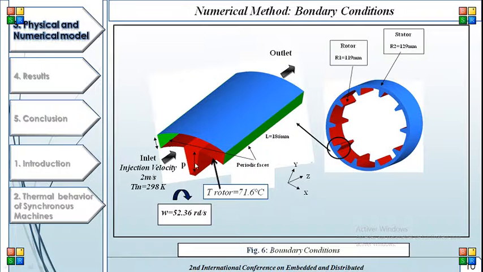The rotor wall and trapezoidal groove are maintained at a constant temperature T rotor equal 71.6 degrees Celsius, and the rotational speed equal 52.36 radian per second. On the other hand, the top wall of stator is considered to be adiabatic and both side walls as periodical.